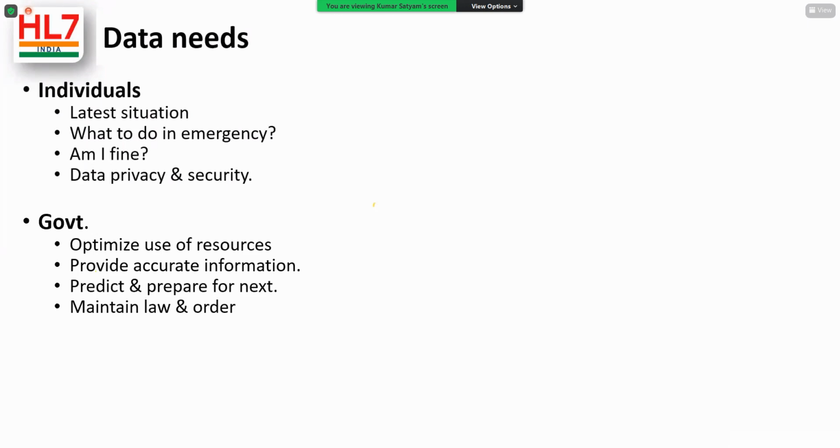Similarly, government has issues with how to optimize the resources. For example, right now they are talking about oxygen shortage, remdesivir shortage, bed shortage. Providing accurate information has been a problem point. There are tons of apps right now providing COVID information, but 99% of the apps do not have accurate or exact information.